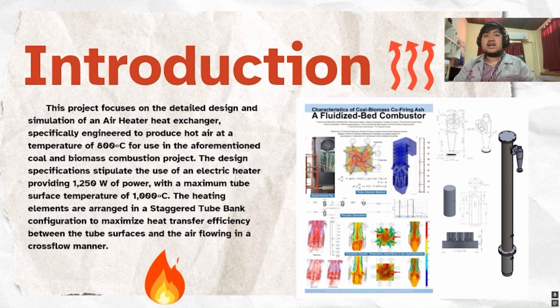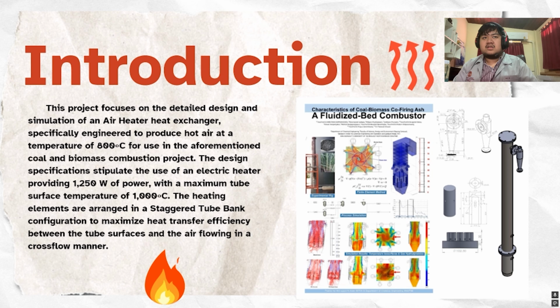This project focuses on the detailed design and simulation of an air heater, a heat exchanger, specifically engineered to produce hot air at a temperature of 1800 Celsius for use in the aforementioned coal and biomass combustion project.